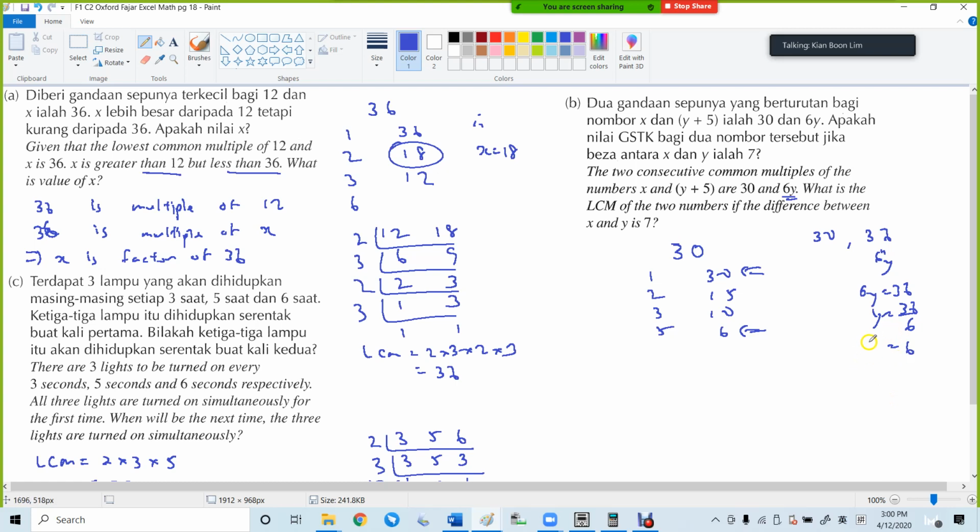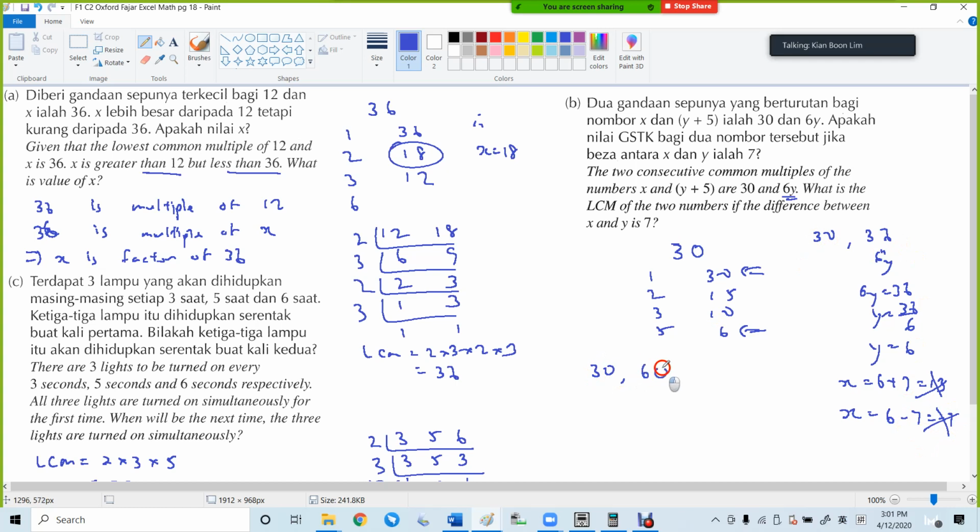But if my y is 6 and the difference between x and y is 7, so x equals 6 plus 7, 13. 13 is not a factor of 30. So this cannot. And 6 minus 7 is minus 1. This one also cannot. So it means that it can be 30.